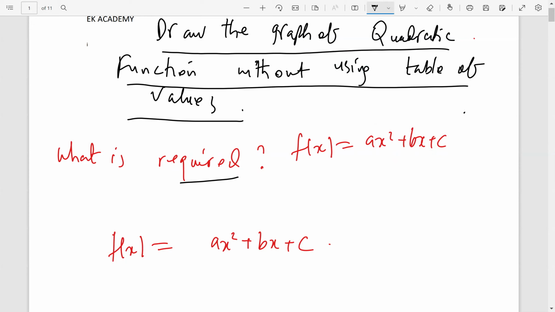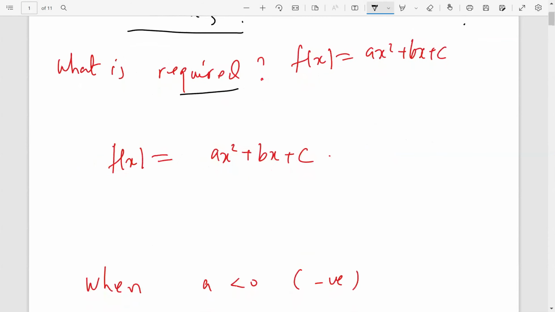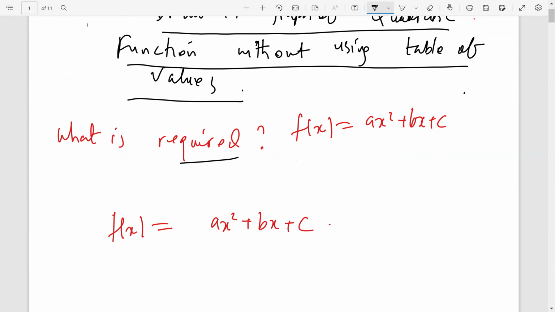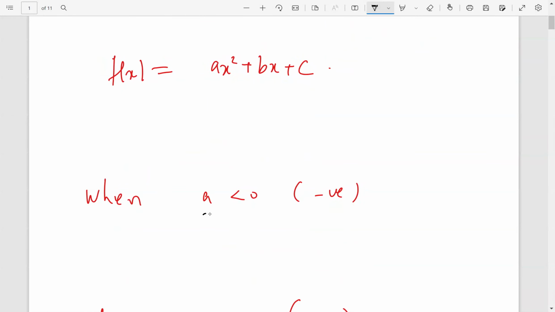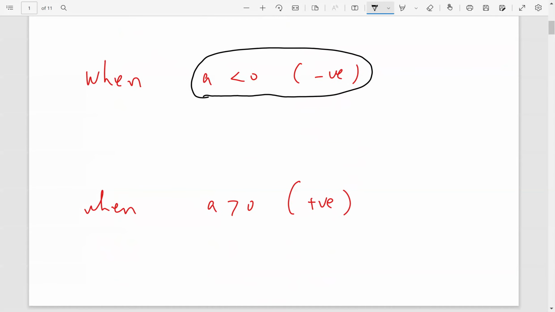the graph? First of all, you have to check whether a, the coefficient of x squared, is less than 0 or greater than 0.